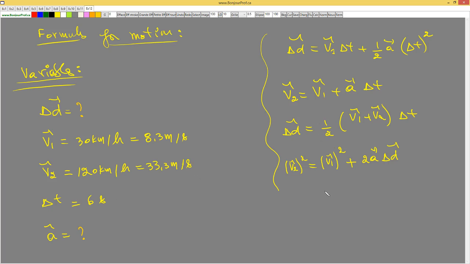Because I have the formulas and I have the data. I have to choose which formula. For example, I'm looking for A. Which formula am I going to choose to find A? 1, 2, 3, or 4? You want to choose 2? Good. Why? Because I know V2, I know V1, I know time, so I'm going to find A.